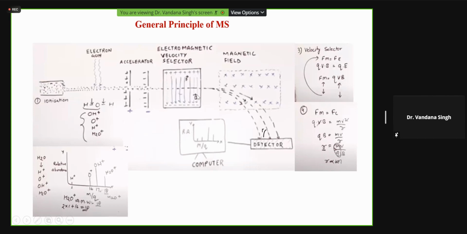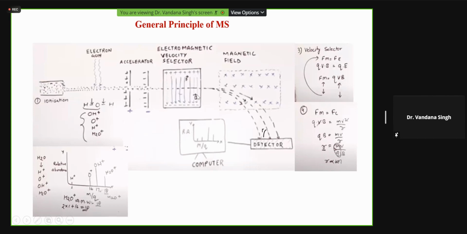Now these positively charged molecules are generally molecular ions, which then get fragmented into fragment ions, as we'll discuss. This fragment and precursor or molecular ion then enter the analyzer part, then the accelerator and the mass analyzer part, and then they get analyzed, reach the detector and generate a characteristic peak.